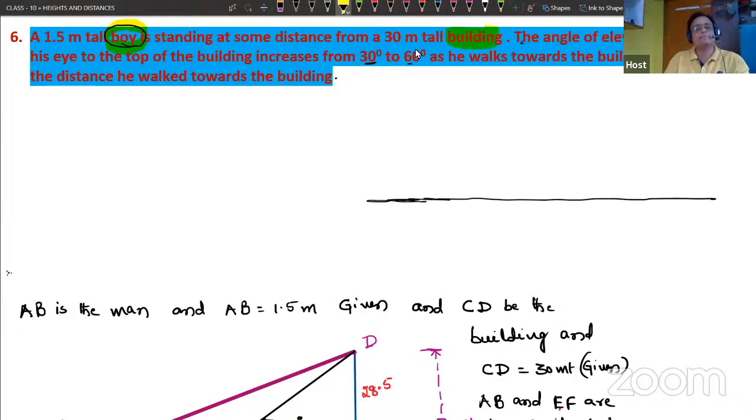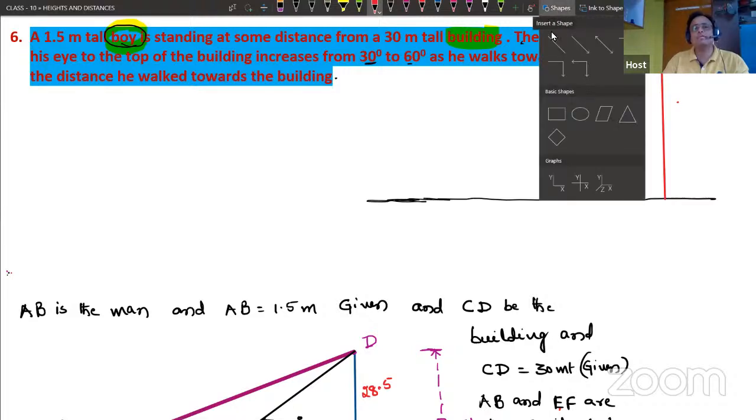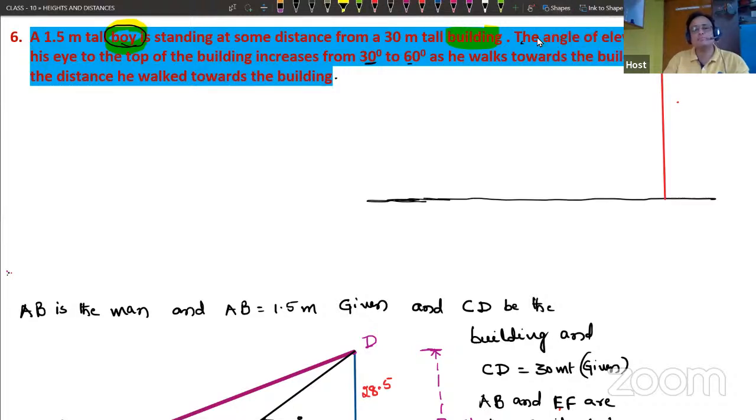Somewhere I'll just draw a rough sketch, you can check it out. This is the building, and somewhere here is the boy, standing some distance from each other. So this is the boy, 1.5 meters tall, and this is the building.